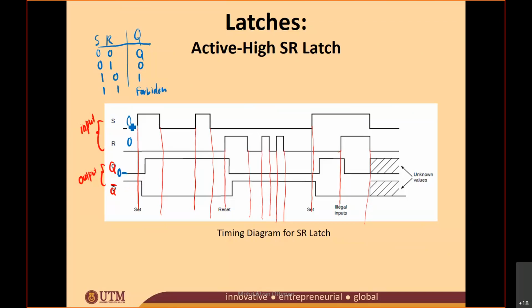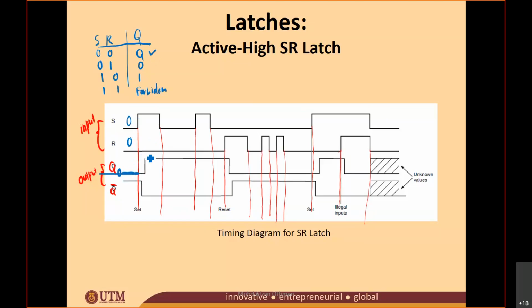Since this is 0 0, from here to here, the value of Q remains. So no change. It means it will follow the previous value. That's why from here to here it is 0.